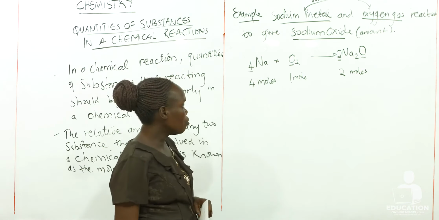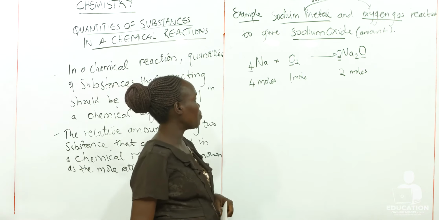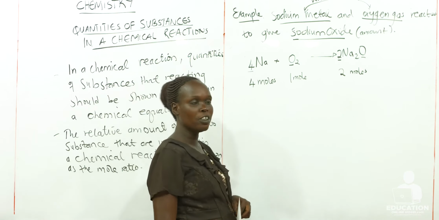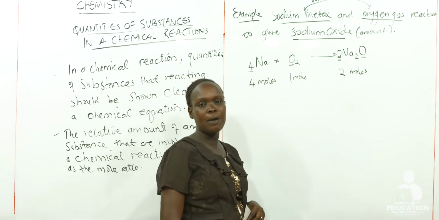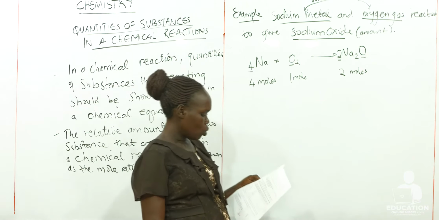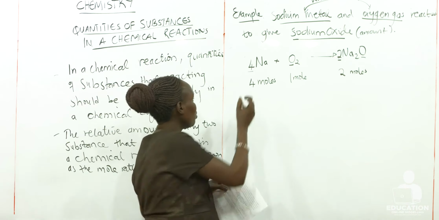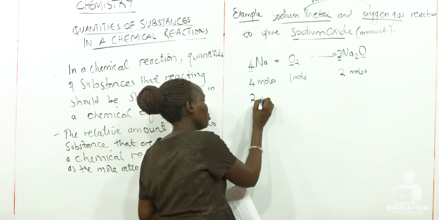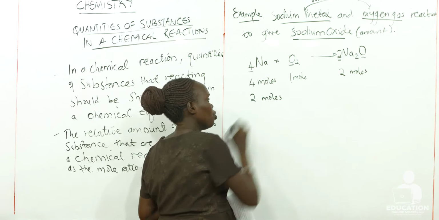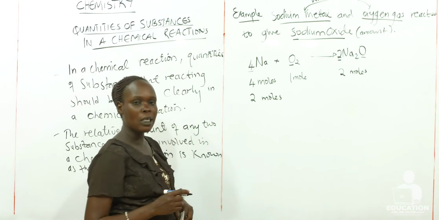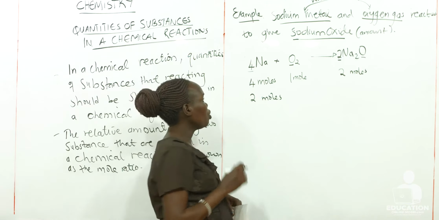So 4 moles of sodium plus 1 mole of oxygen produces 2 moles of sodium oxide. We can also say that there are 2 moles of sodium metal.